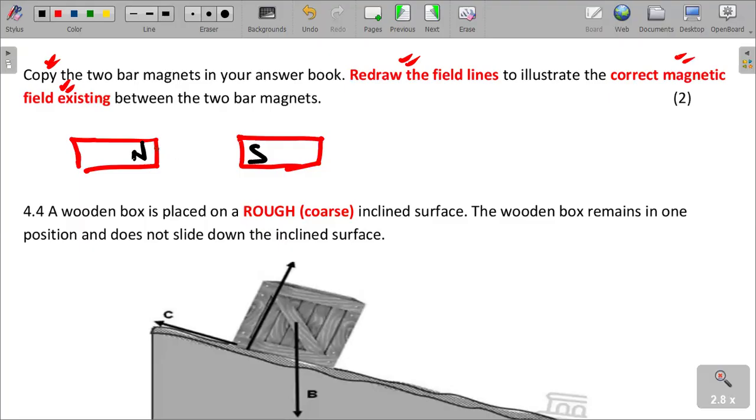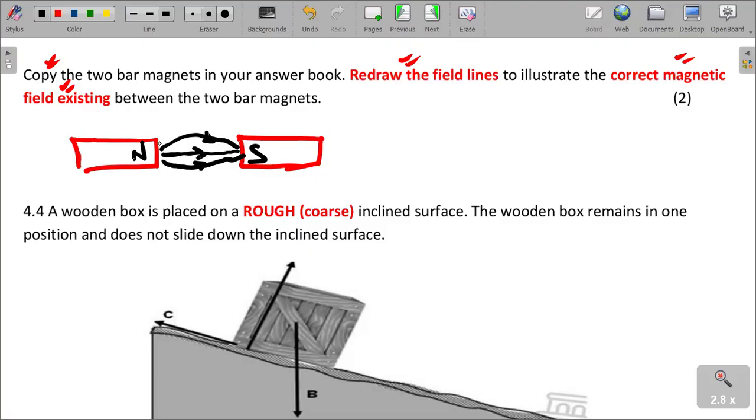So we should have a connection which is showing that there is a connection, and then you can also have something like this, which is also showing the connection.